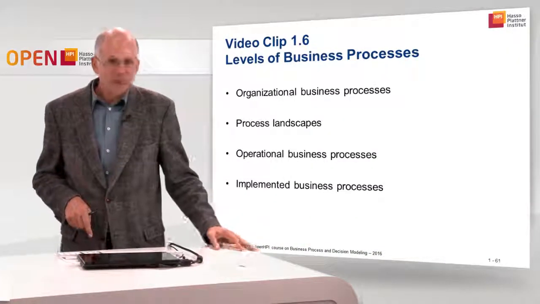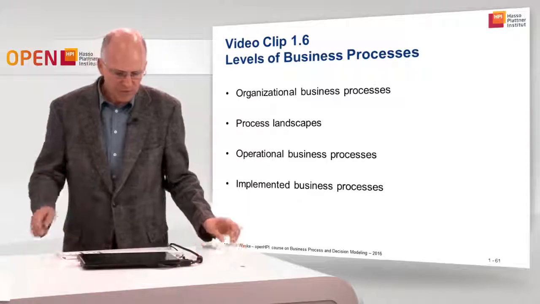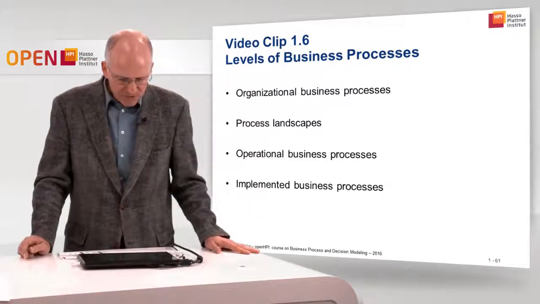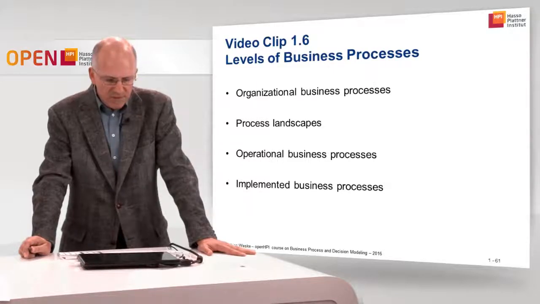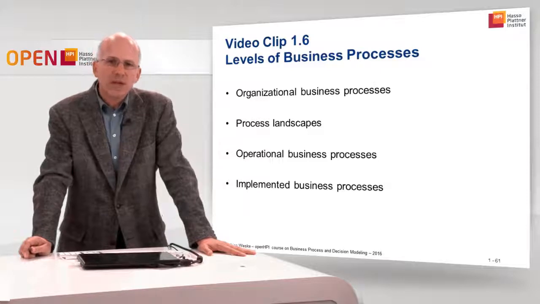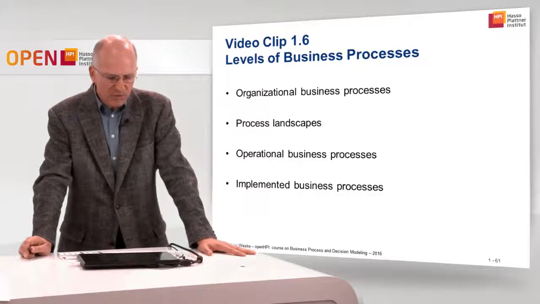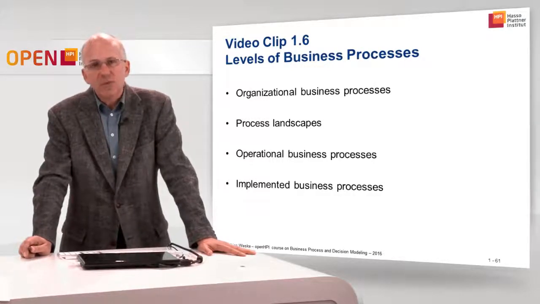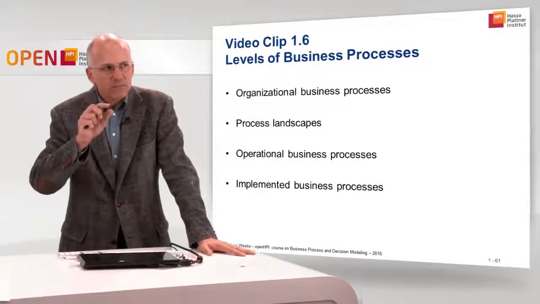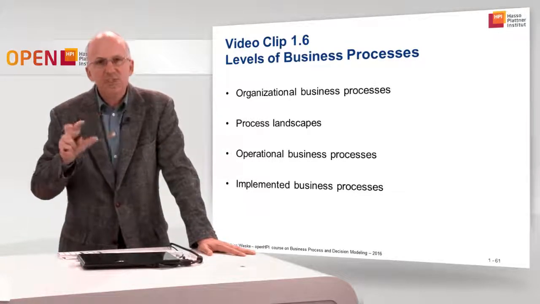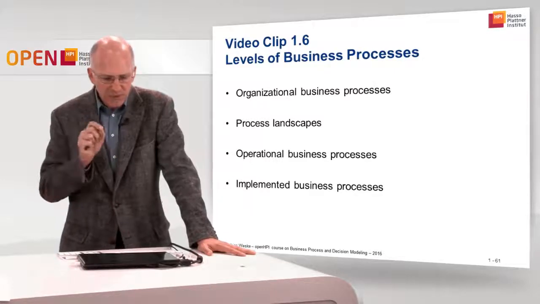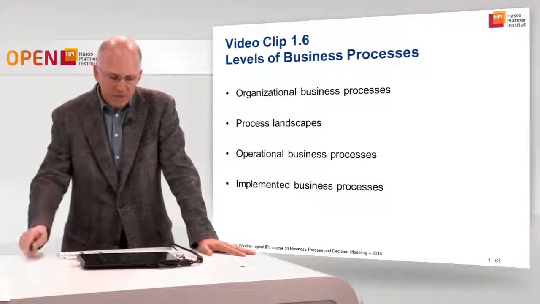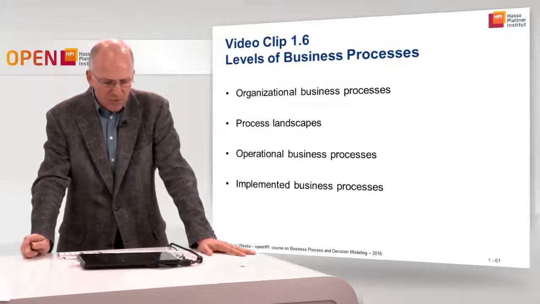All right, that concludes video clip 1.6, in which we discussed levels of business processes. We discussed first the top level of business processes, that is organizational business processes. We can organize organizational business processes using process landscapes, which detail the organizational business processes of the company and also the dependencies, in terms of input-output, on the high level of organizational business processes.